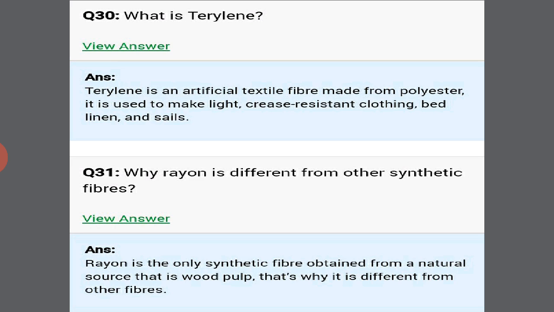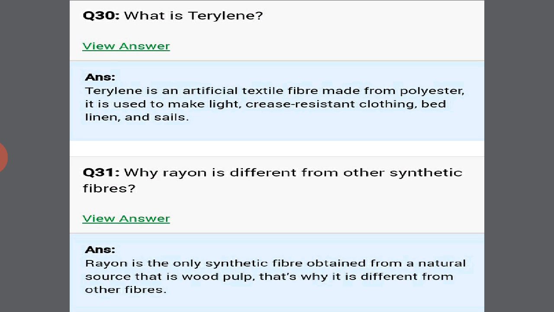Why is rayon different from other synthetic fibers? Okay, rayon is the only synthetic fiber obtained from a natural source, that is wood pulp. That is why it is different from other fibers.